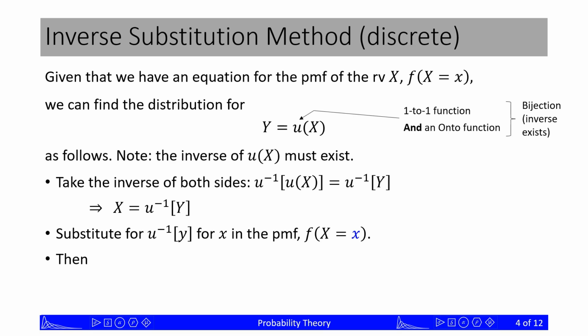Then we can have the PMF for the random variable y. And this means that the quantity f of capital Y equals lowercase y is the same as f of capital X equal to inverse u of lowercase y. So we replace every instance of little x in the PMF of x with the quantity u inverse of lowercase y. Now we provide an easy proof.